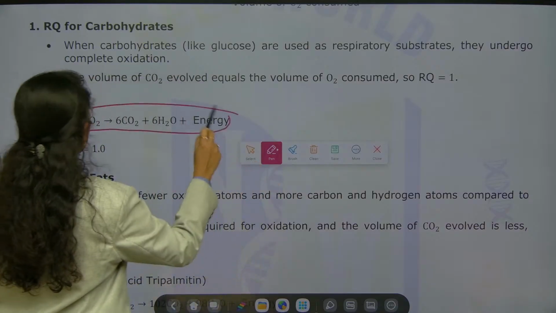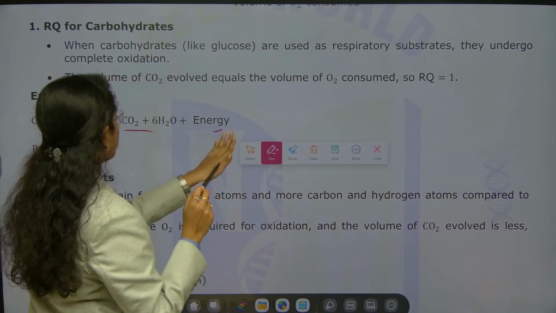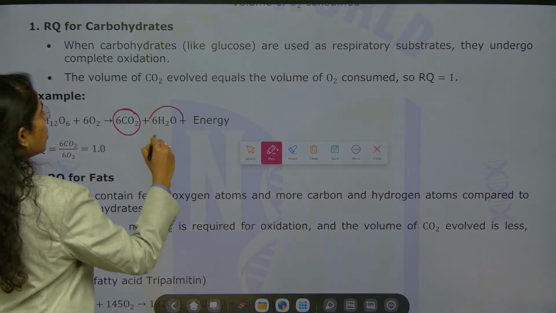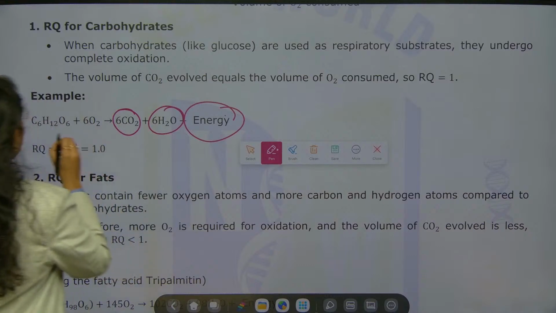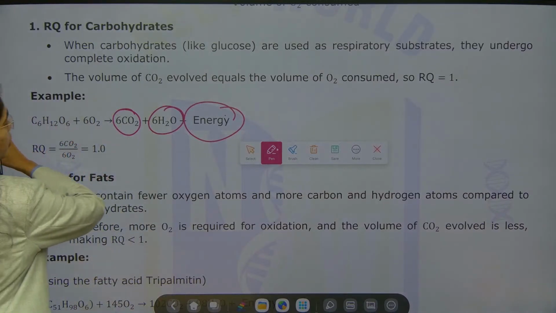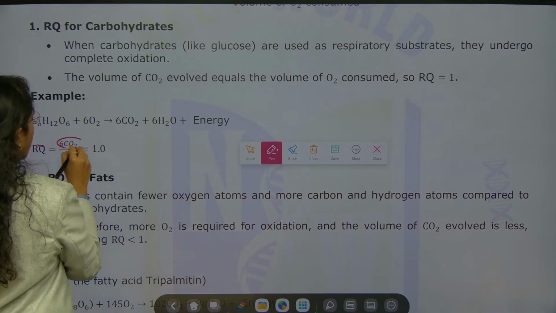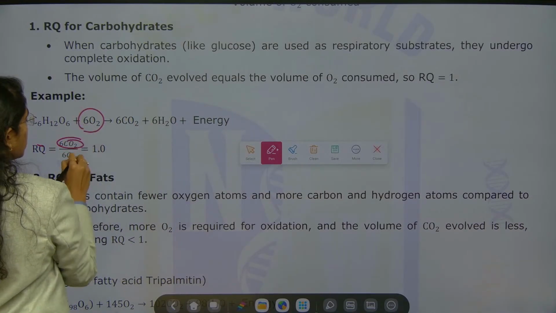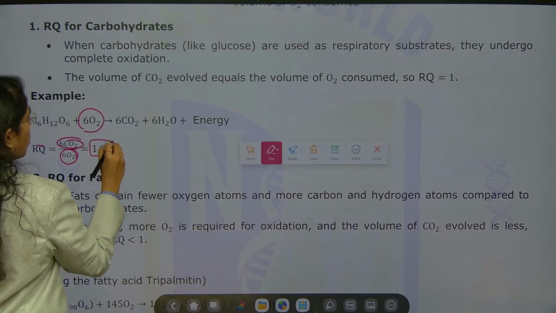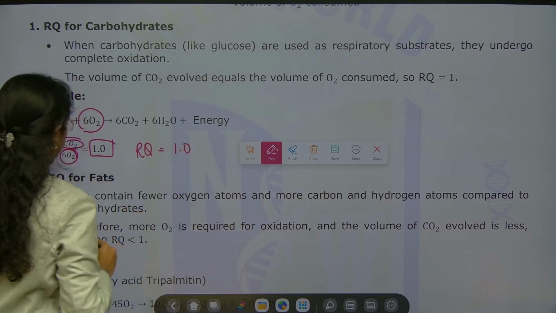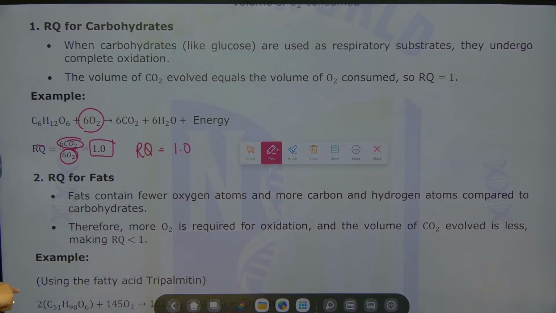Glucose plus oxygen at the time of complete oxidation will give 6 carbon dioxide, water and energy. Here how many carbon dioxides are evolved? 6. 6 carbon dioxides by how many oxygens consumed? 6. It is equal to 1. So here RQ value is equal to 1 and there are no units over here.